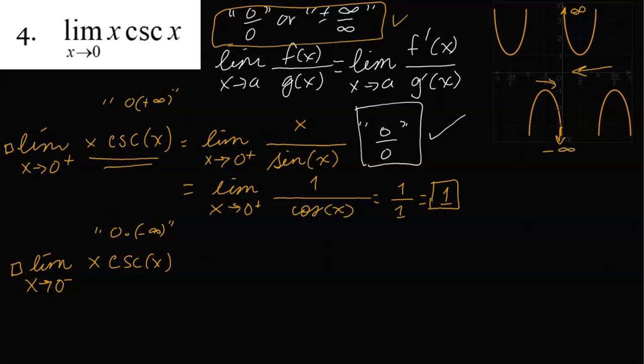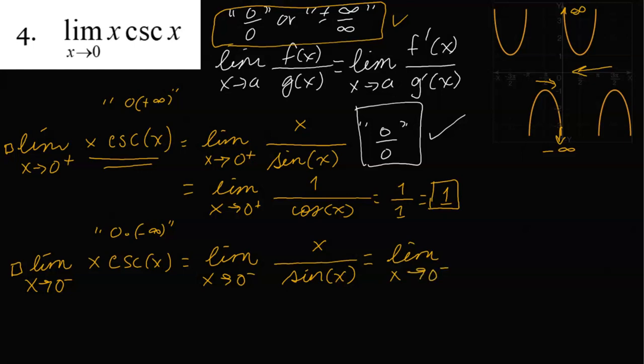So we need to rewrite this as x over sine of x. And again, L'Hopital's rule now applies because I have the same form, 0 over 0.